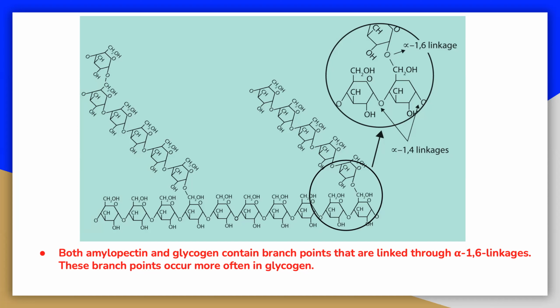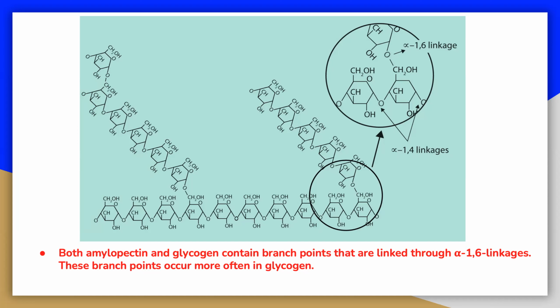Branching plays important roles in increasing water solubility and in providing more ends to the polymer. In animals, glycogen is broken down starting at the ends, so more ends means more glucose can be released quickly.